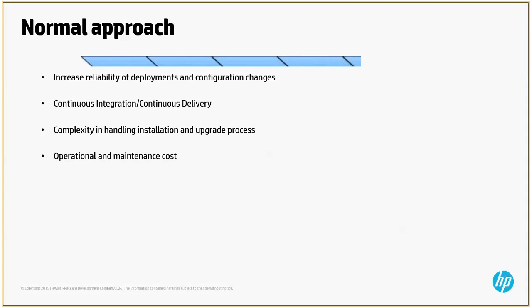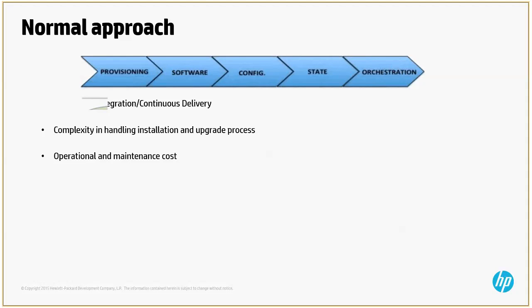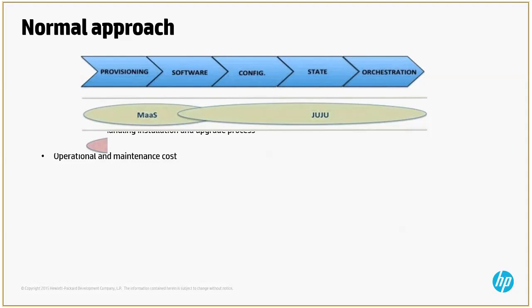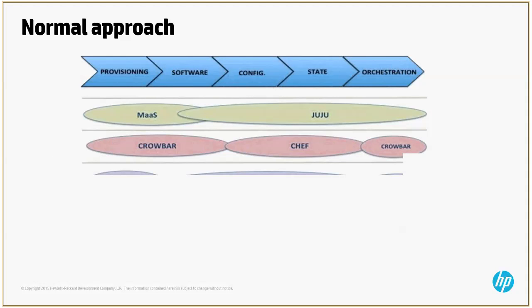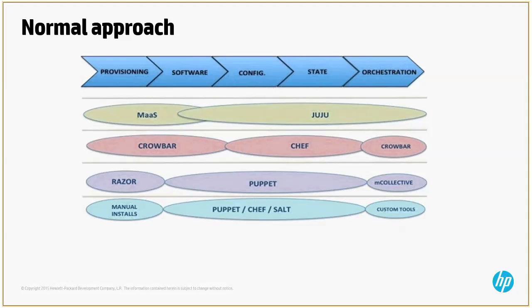If we take a normal approach, consisting from provisioning to orchestration, in the sense we'll be selecting the list of bare metals. For example, a data center has 5 nodes, and I want to install OpenStack, or create a cloud environment on these 5 nodes.